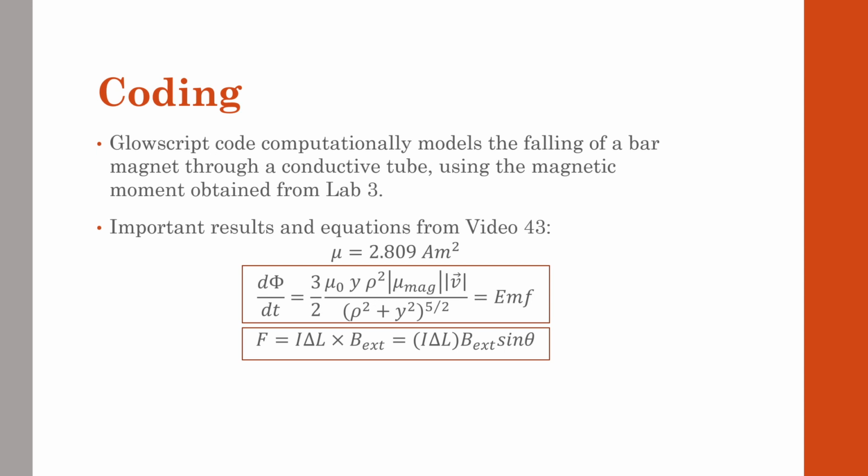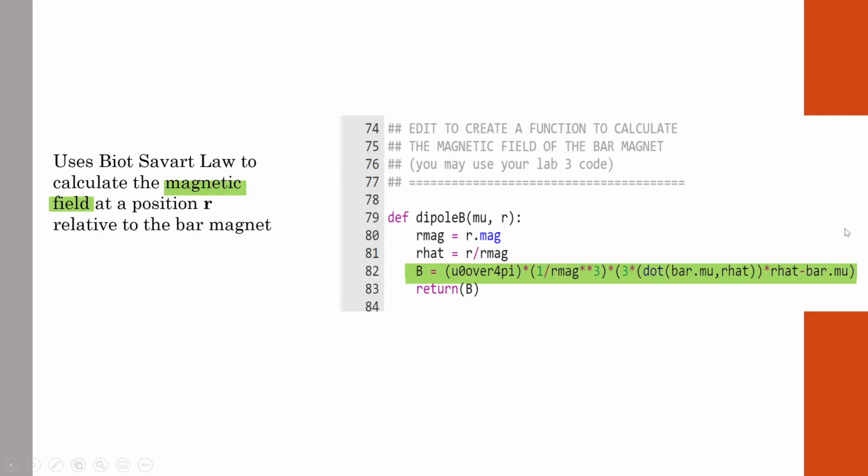Here, the bar magnet represents a point dipole and the conductive tube represents a stack of non-interacting conductive rings. From the video, we obtained the equation for the change in magnetic flux as shown and the Biot-Savart law to calculate the magnetic force on an object.